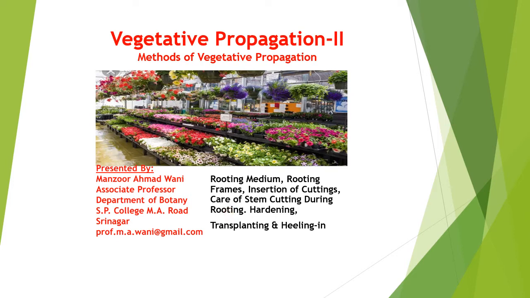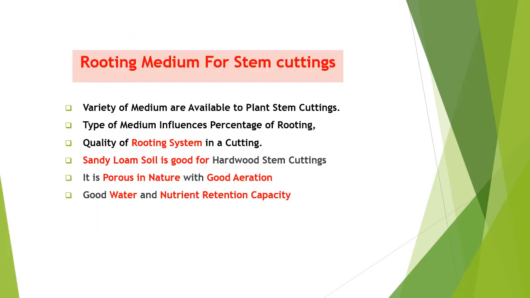So first of all, we'll focus on the rooting medium which is good for stem cuttings. A variety of media are available to plant stem cuttings, and the type of the medium greatly influences the percentage of rooting and also the rooting system in a cutting.